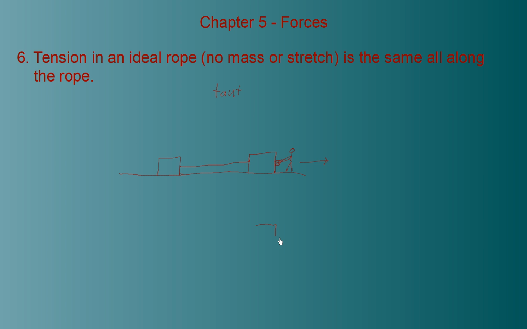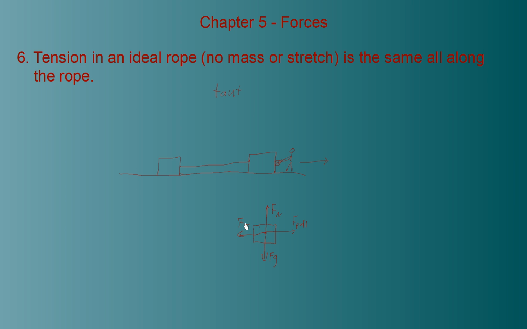Now remember, we only draw the object and only the forces acting on that object. So we got F pull. Of course we got Fg, which equals Fn, and then we got Ft.